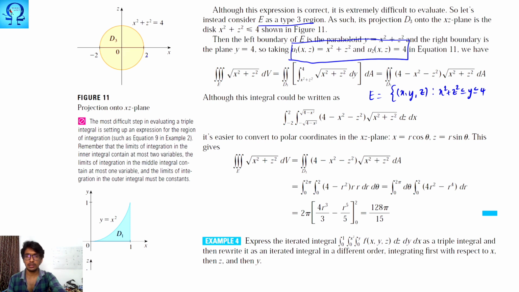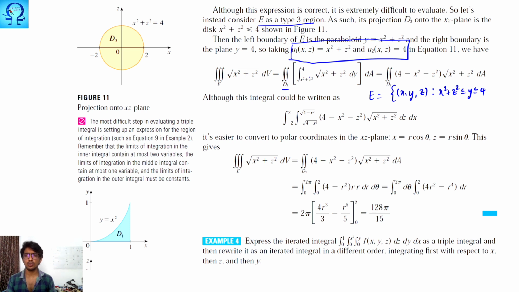So you have projected this one, and how are we going to do it? First of all, let us complete this thing and see what is happening there. First, let us integrate with respect to y.